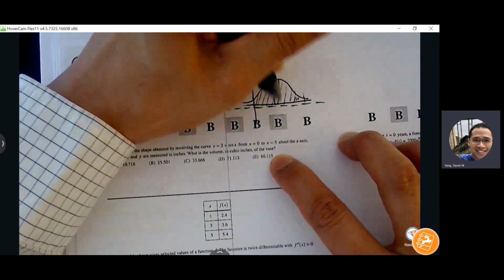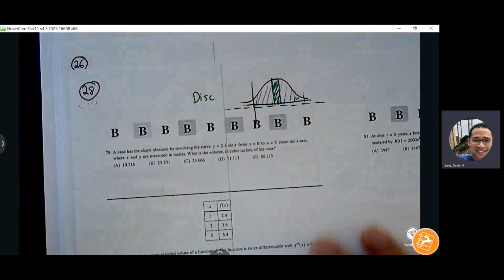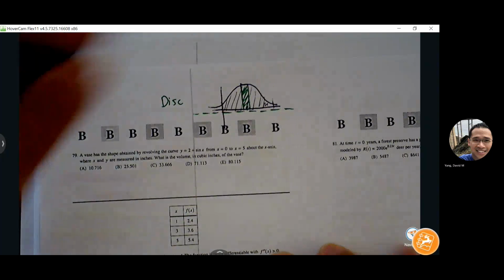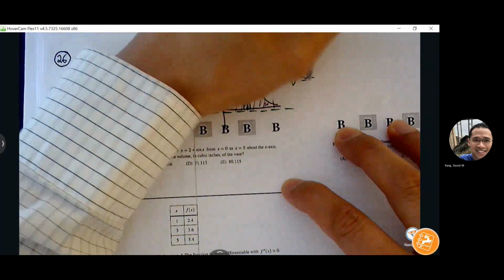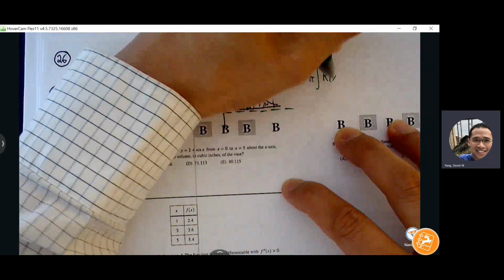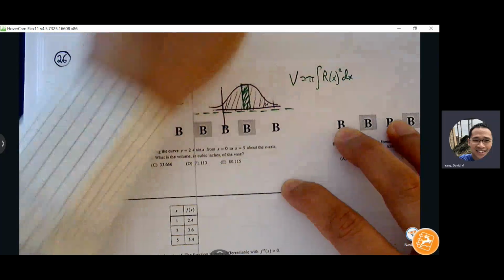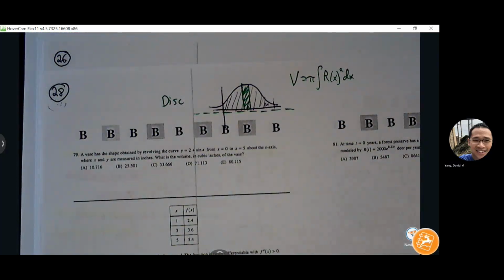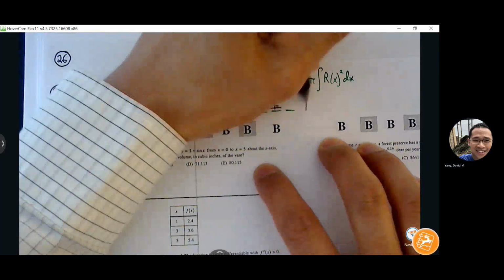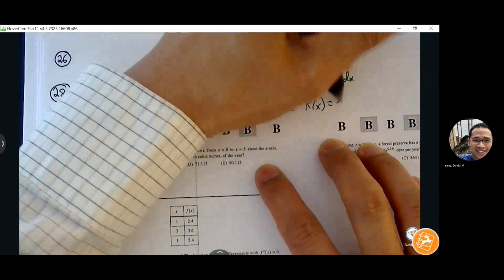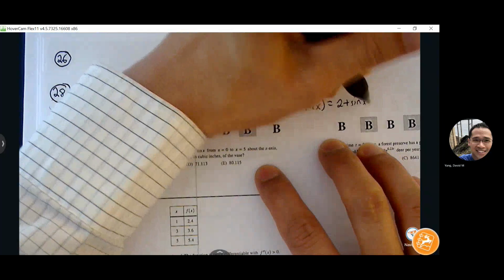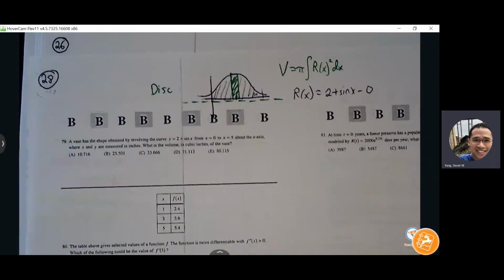One radius is needed: top minus bottom. And we're going to put it into this r squared formula. Okay, radius r of x is 2 plus sine x minus 0, or just 2 plus sine x.